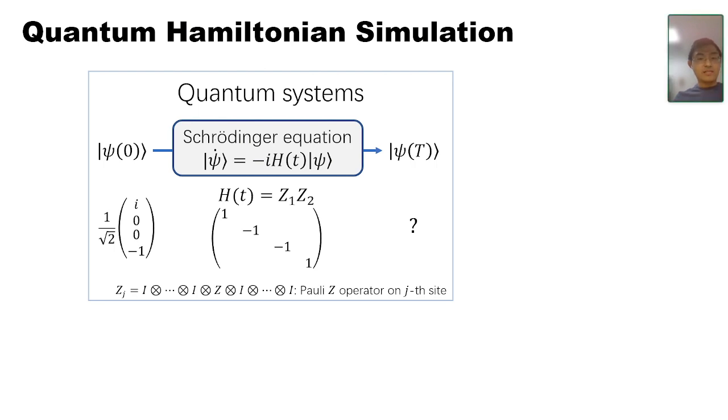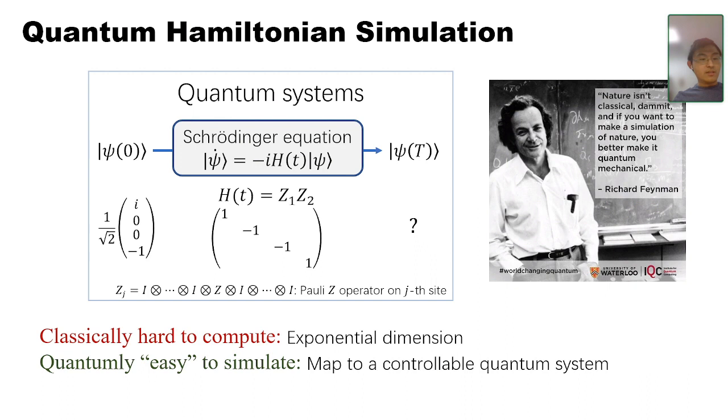The quantum Hamiltonian simulation problem asks for the state after an evolution time t. In general, the Hamiltonian is exponentially large with respect to the number of sites or qubits in a system. Hence, it is very hard to compute for classical computers.